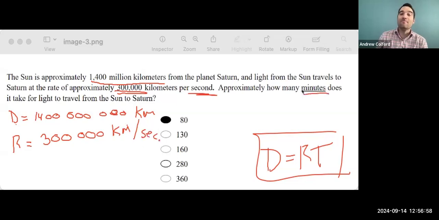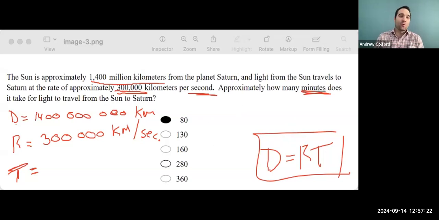So we want to know how many minutes it takes for light to travel from the sun to the earth. Well, let's calculate the time first in seconds, Ellen. How do I calculate the time if I have the distance and the rate? Yep, divide, right? Distance divided by rate.